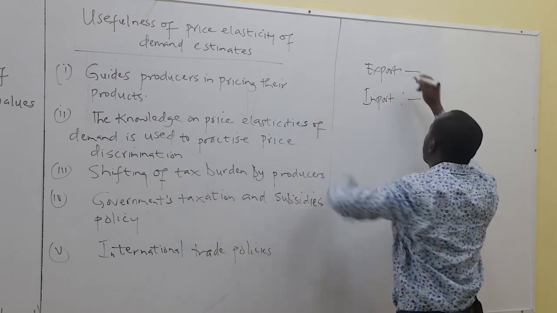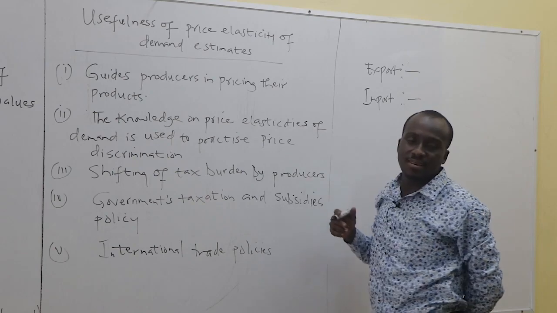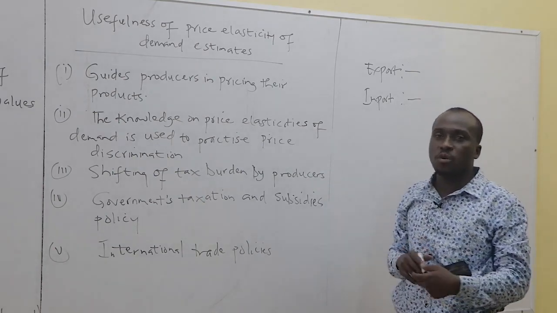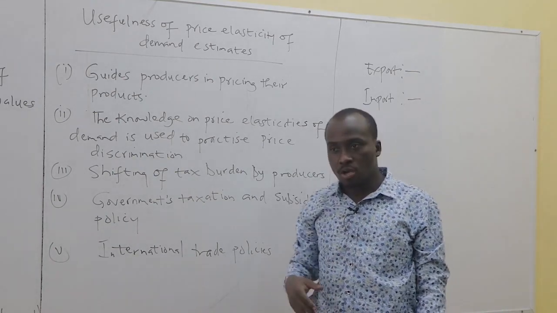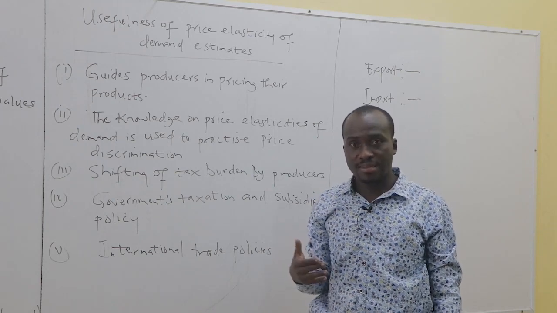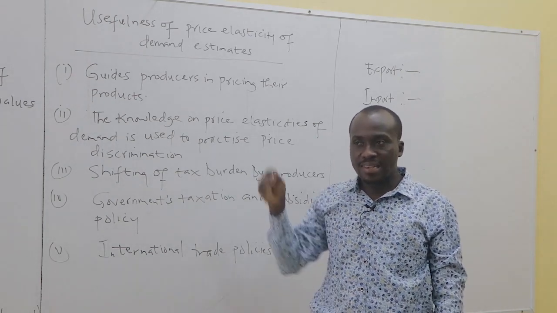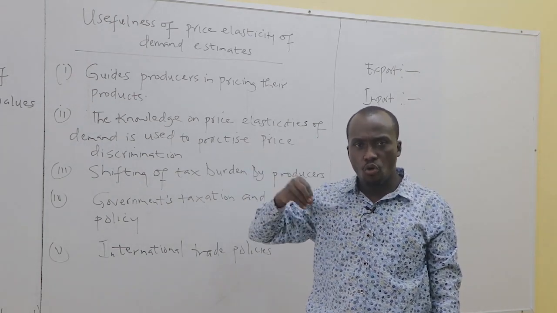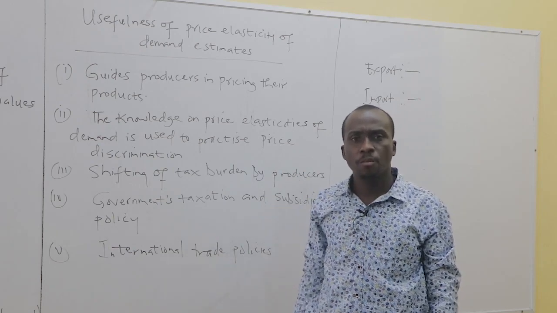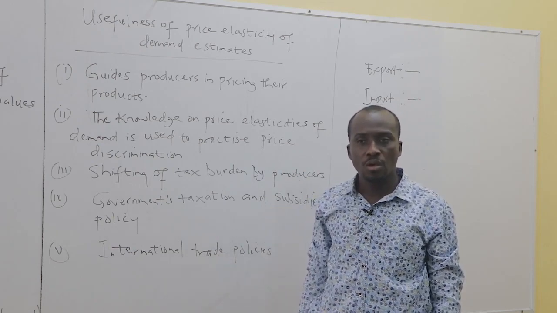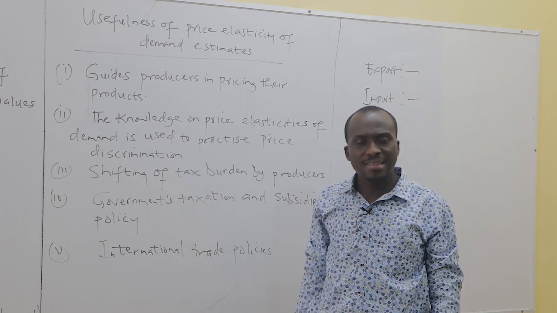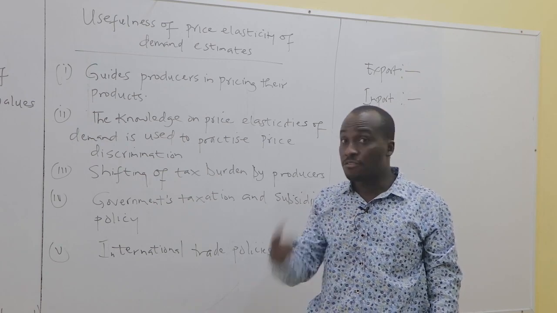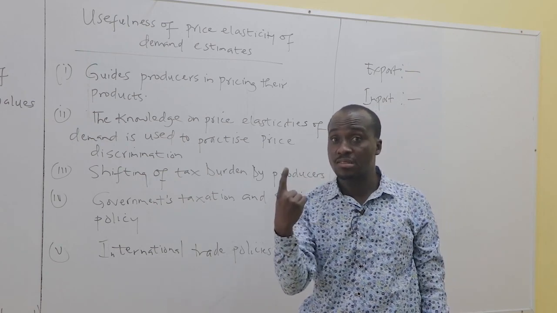Is the demand for exports elastic or inelastic? Ghana, we export things, we export cocoa to Belgium, the kingdom of chocolate, to Switzerland. Is the people in Switzerland, their demand for our cocoa, elastic or inelastic? We import goods. The things we import, are they elastic or inelastic? It's very important for trade policies.